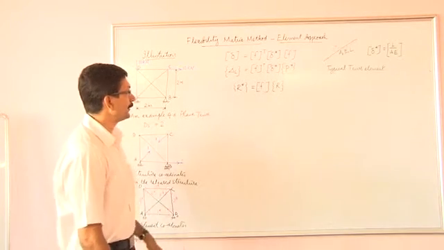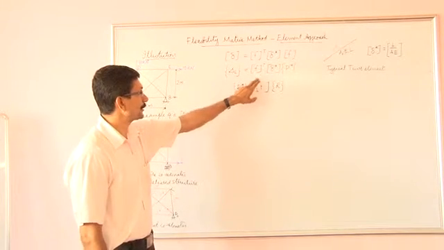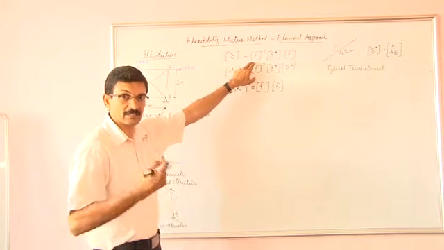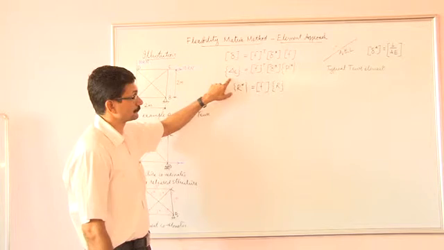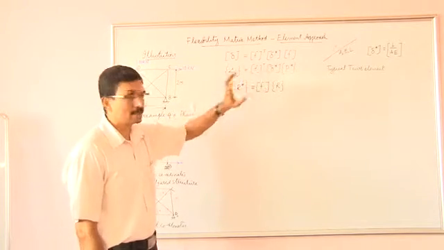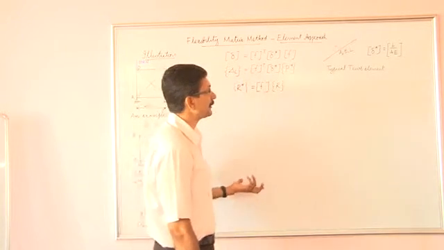Further, we need to develop the force transformation matrix to construct the structure flexibility matrix and the delta L vector. To do that, let us recollect a typical truss element.